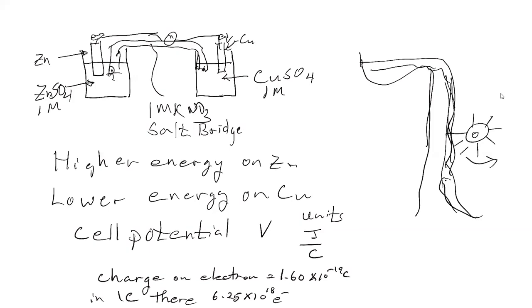So the volt says I have 6.25 times 10 to the 18th electrons with 1 joule of energy.